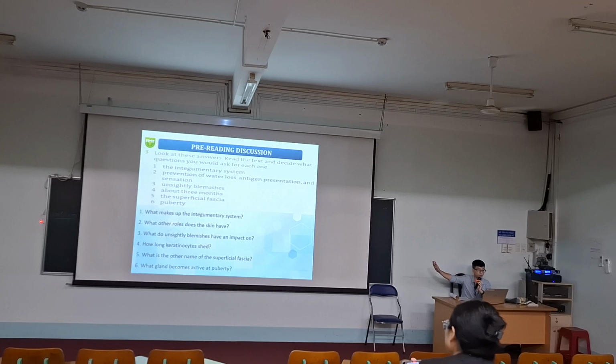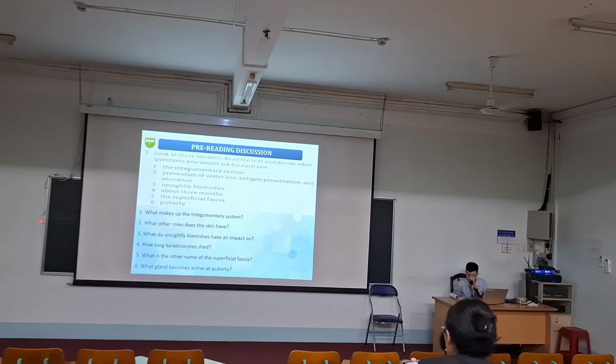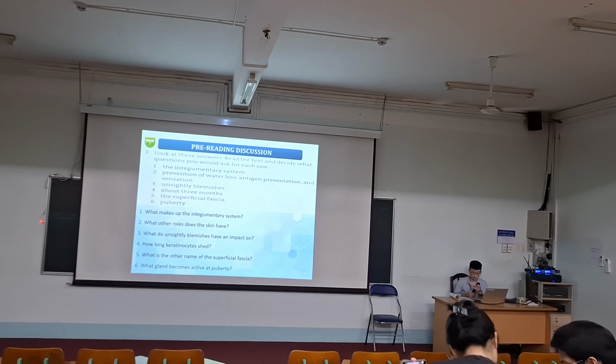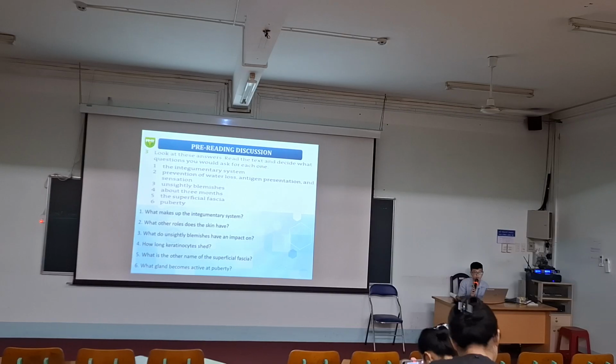Câu số 3 là what do unsightly blemishes have an impact on? Tìm chỗ nào đó mà unsightly blemishes có ảnh hưởng đến cái gì? Gợi ý là số 3. 30 giây để đọc. Blemishes, khuyết điểm của da như vậy ảnh hưởng đến cái gì?